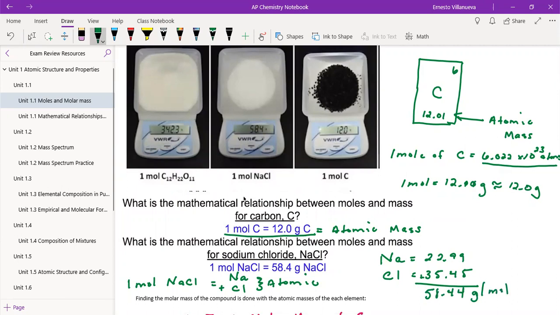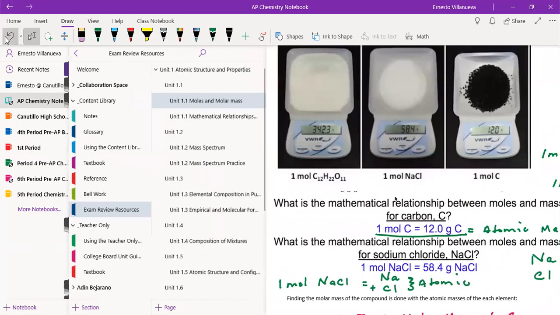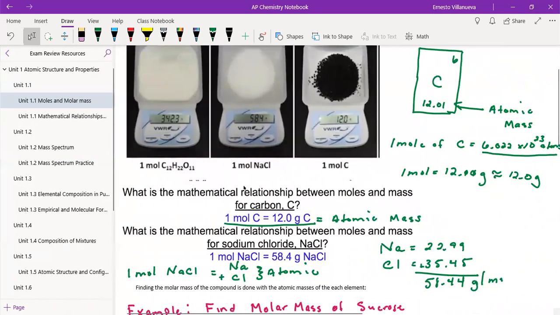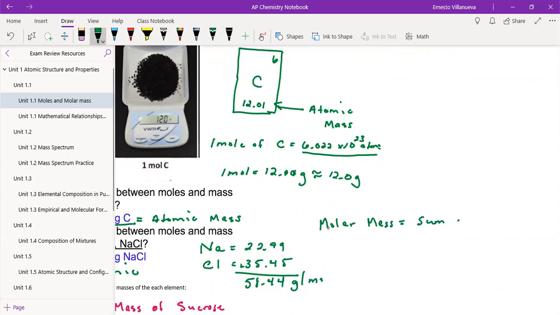Remember that molar mass is just the sum of the atomic masses of each individual element in the periodic table. So let's go ahead and write this down here: molar mass is equal to the sum of atomic masses.